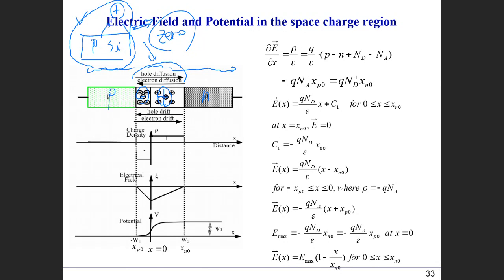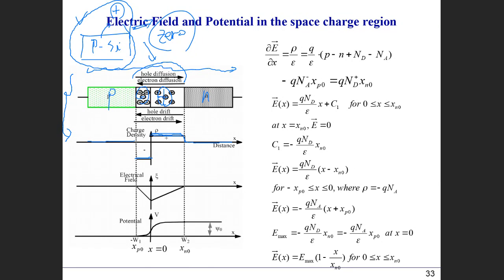If we roughly present this charge distribution, you may expect the charge to follow this kind of graph. In the P side, the total charge is going to be 0, and in the P side depletion region, your total charge is going to be negative. In the N side, your total charge is positive within the depletion region, and outside the depletion region, your charge is going to be 0.